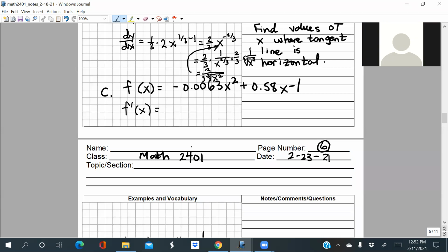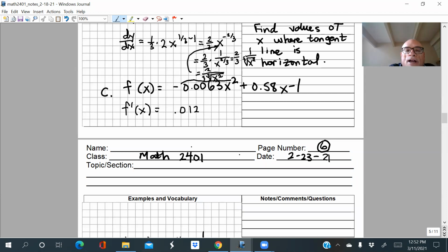Yes. Can you tell me what you got or how far you got? Well, I got 0.0121.